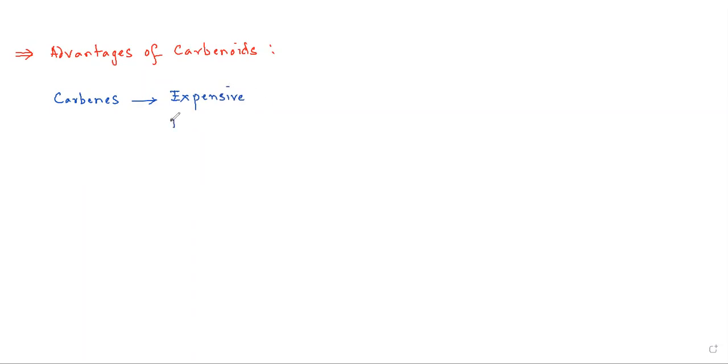At the same time, they are more reactive. See, because they are more reactive, they not only add up across the double bond, they also insert into carbon hydrogen bonds.